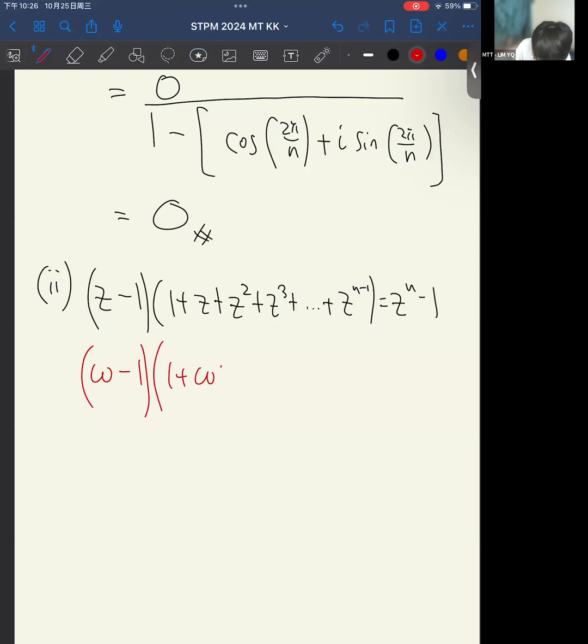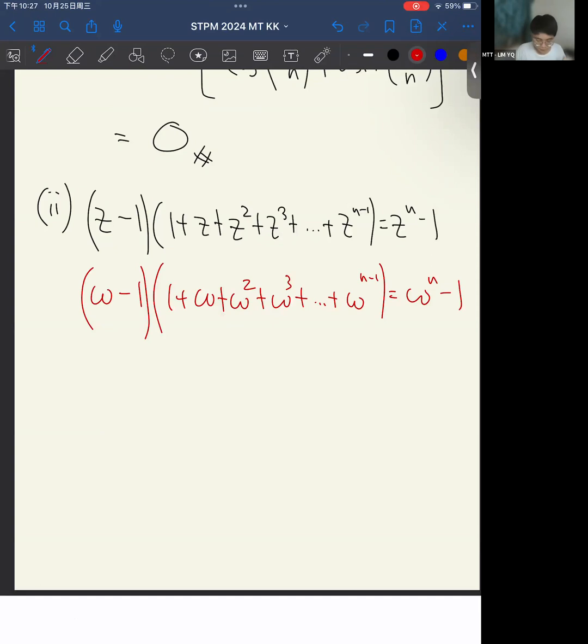Substitute Z as your W, correct? So this is an identity you already know. Like this, plus W power n minus 1 bracket equal to Z W minus 1. W n minus 1.